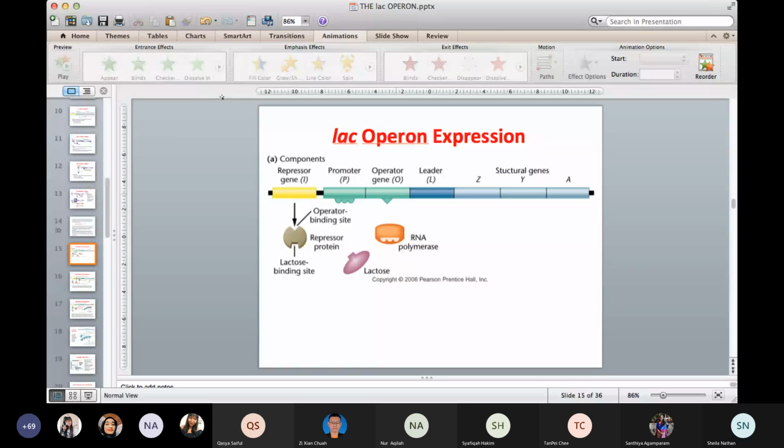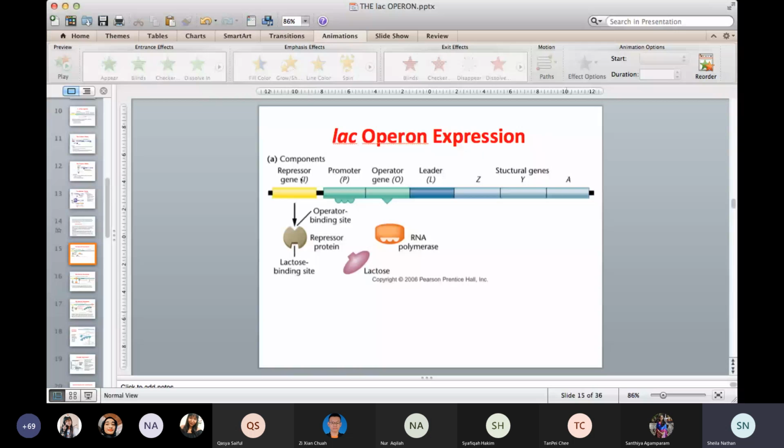So it's just like the chicken and egg story. Did the egg crack to produce the chicken, or did the chicken produce the egg first? Which one is it? So the question is, to switch on, you need lactose.